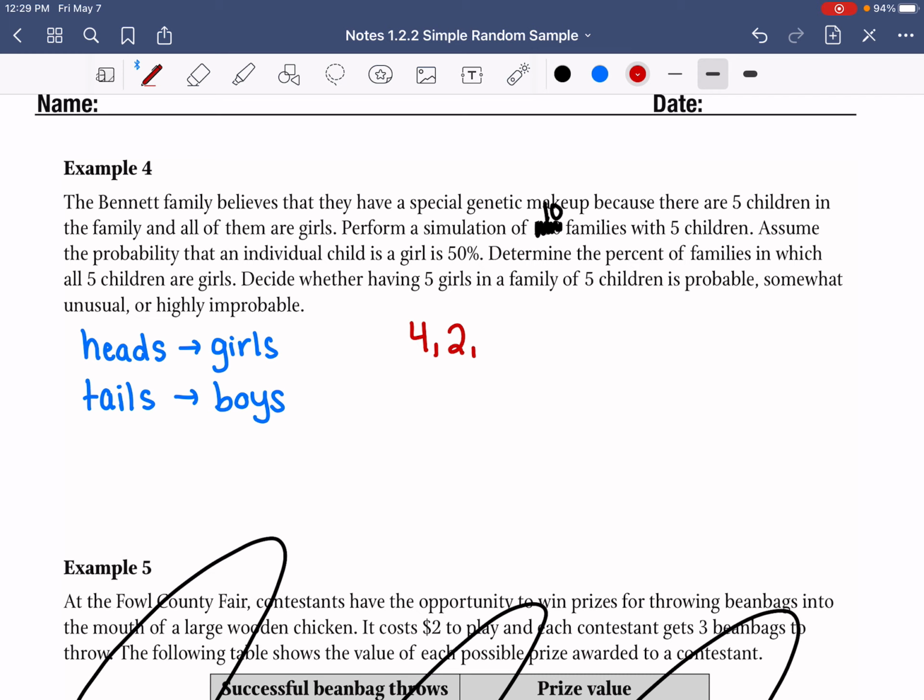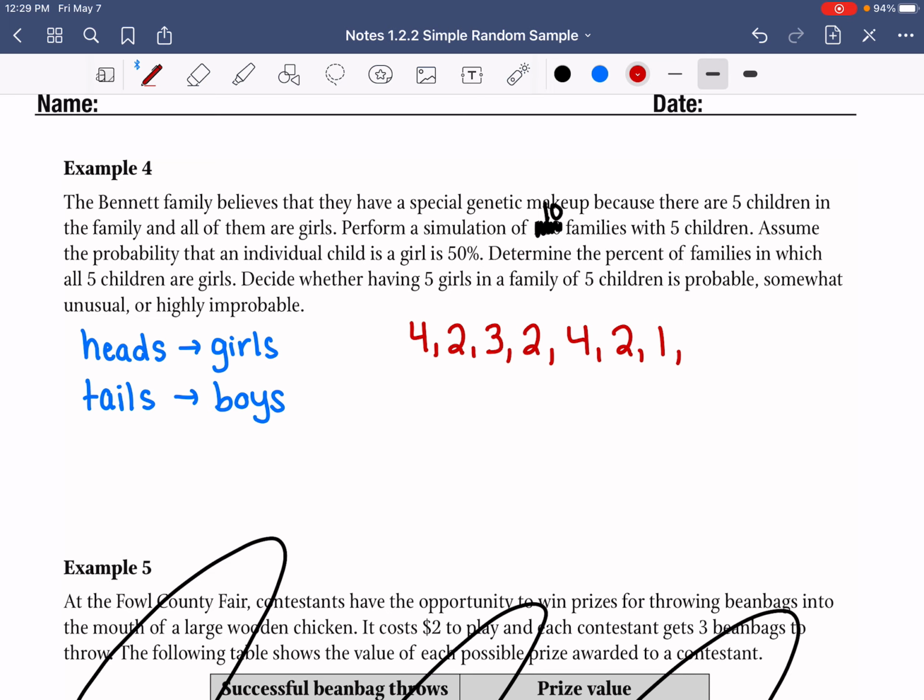Next family has 3 girls. My next family has 2 girls. My next family has 4 girls. My next family has 2 girls. My next family has just 1 girl.